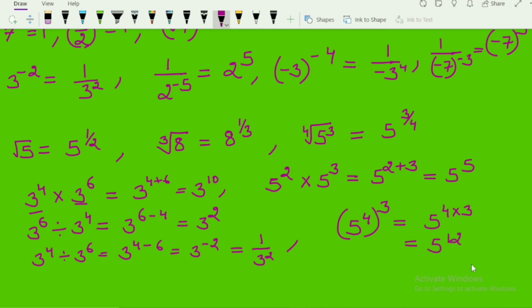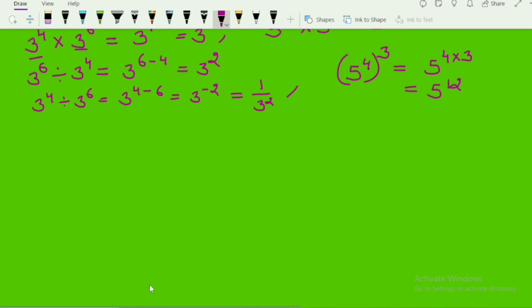So these are the few rules. Now another example. Here if I write 5 upon 7 whole to the power 2, this can also be written as 5 square upon 7 square.